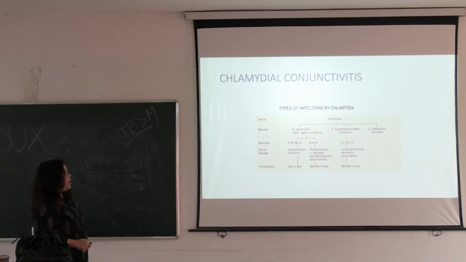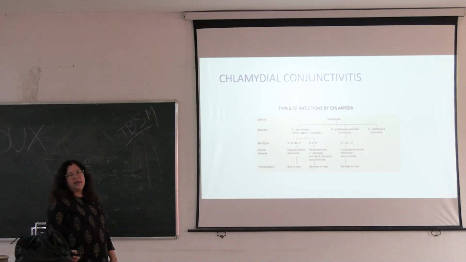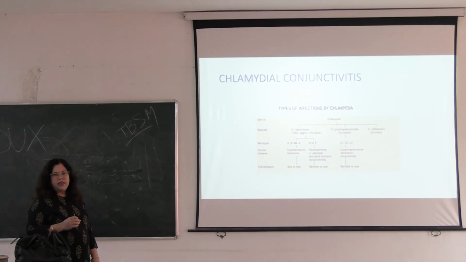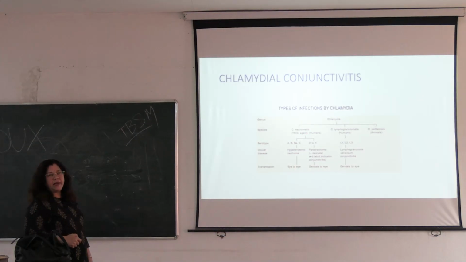First one is Chlamydia trachomatis, or the TRIC agent, the second one is Chlamydia lymphogranulomatis, and the third one is Chlamydia psittaci. Chlamydia psittaci only affects animals, it does not affect human beings. But Chlamydia trachomatis affects human beings and it has 11 serotypes.